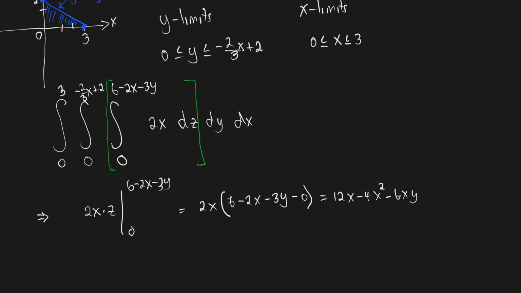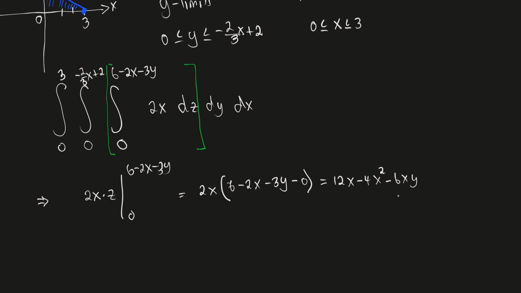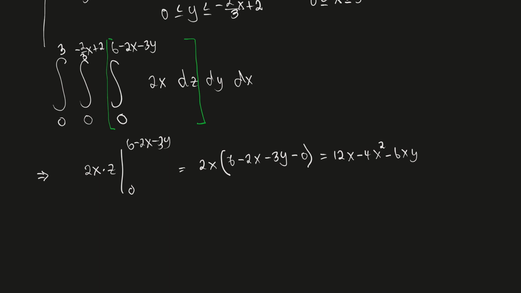And then we have to integrate this with respect to y. So now we are going to do this integral, and that's going to take a little bit more work. For one, this is a little bit more complicated now, and we have fractional exponents. So let's carefully do that.